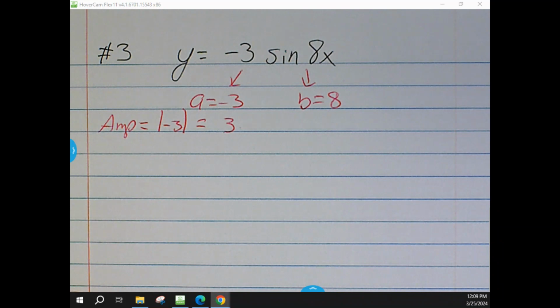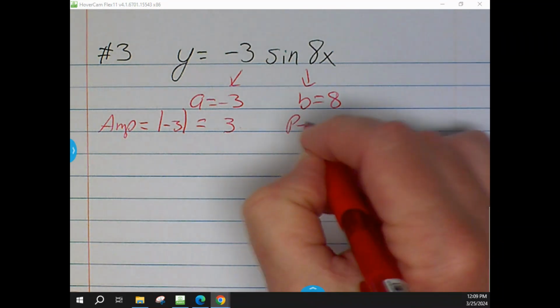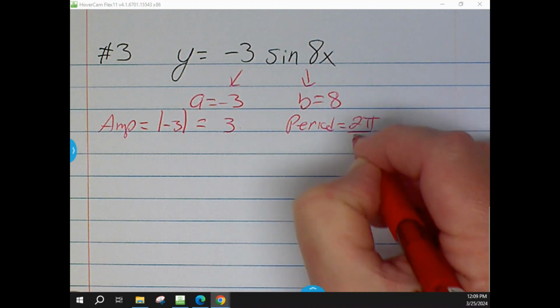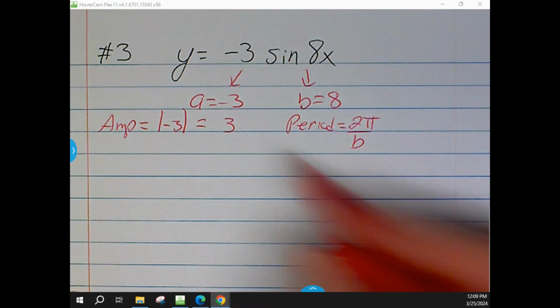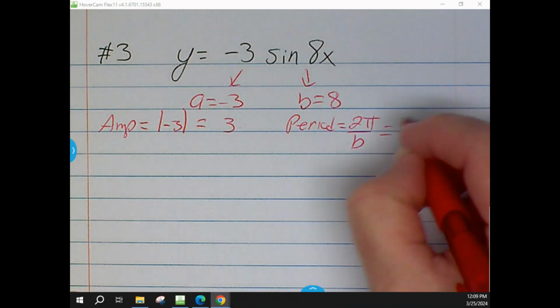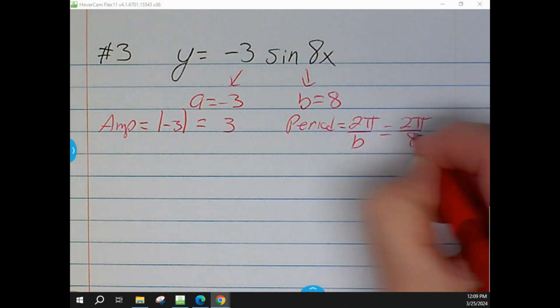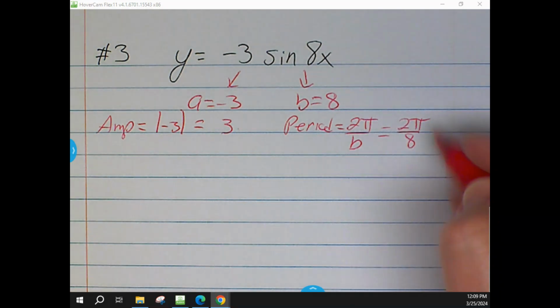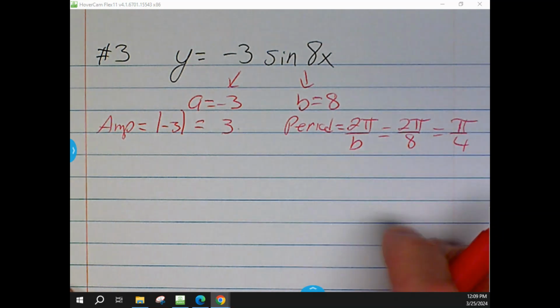All right, period is 2 pi over b. So that is 2 pi over 8. And if you've got 2 pi over 8, you can divide them both by 2, so you make that pi over 4.